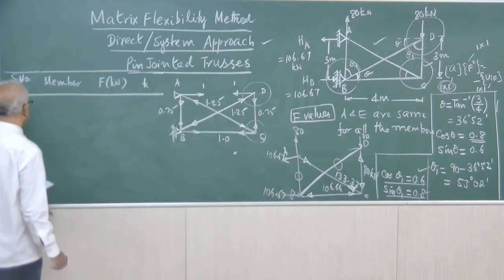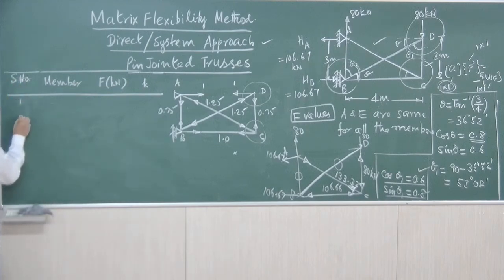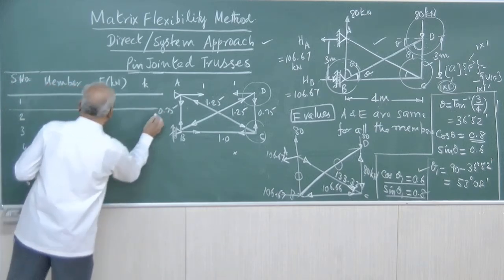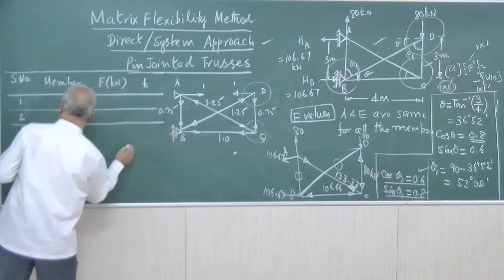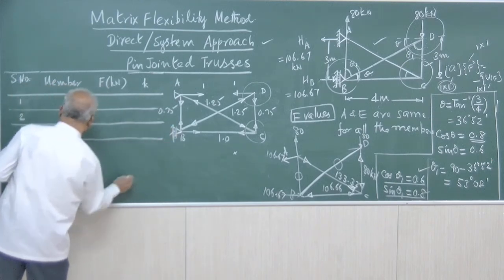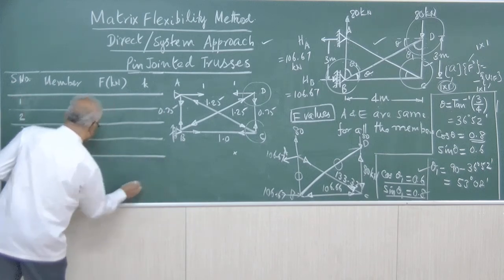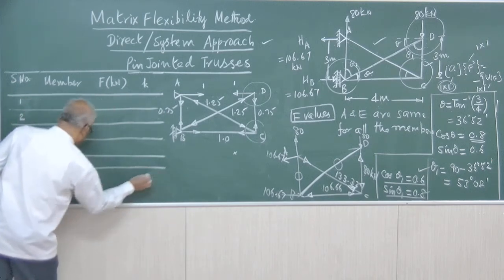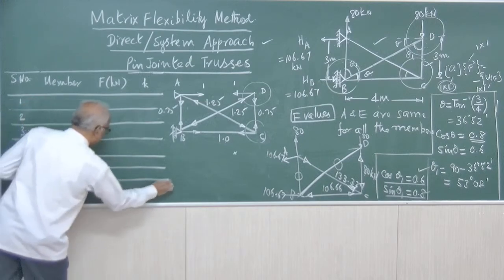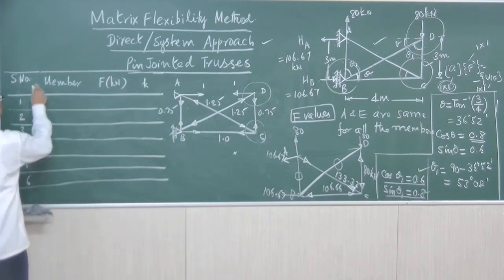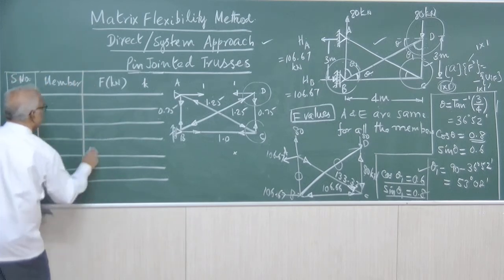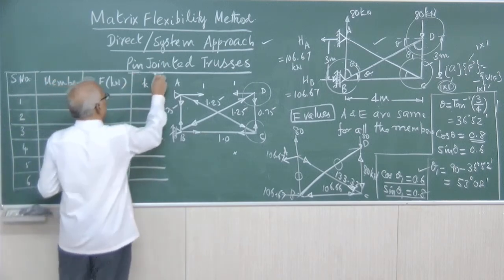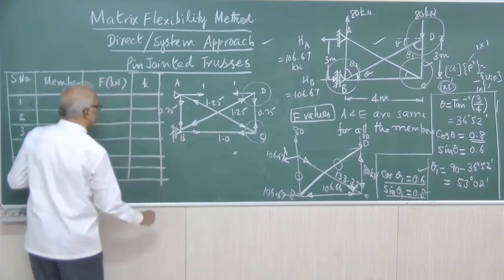So, members are 1, 2, 3, 4, 5, 6. Other values will be written later.